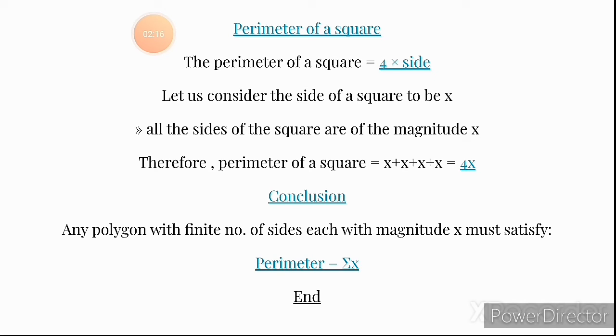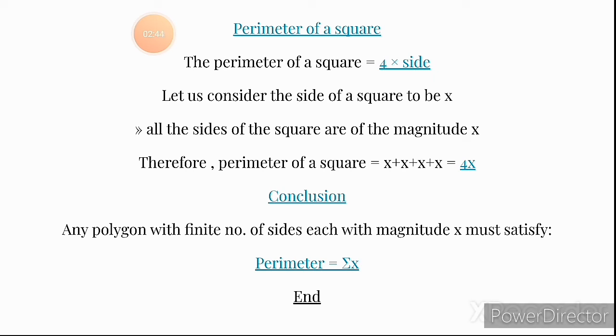We know that in a square all the 4 arms are equal. That means if one of the arms is x, the other 3 will also be x. Therefore the perimeter of a square is equal to x plus x plus x plus x, which is equal to 4 into x, which is 4 into side. So the perimeter of a square, the easiest one, is 4 into side.